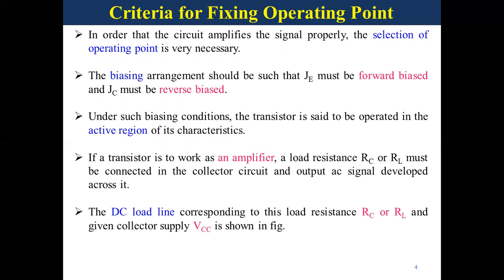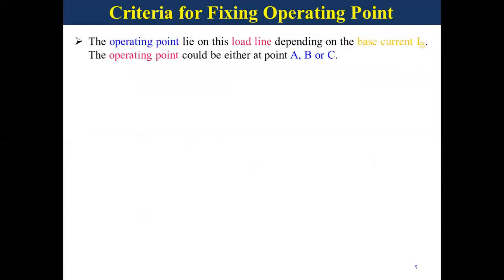Corresponding to this RL or RC and the given supply voltage VCC, we get a DC load line, which is shown in the below figure. The operating point must lie on the DC load line depending on the base current.